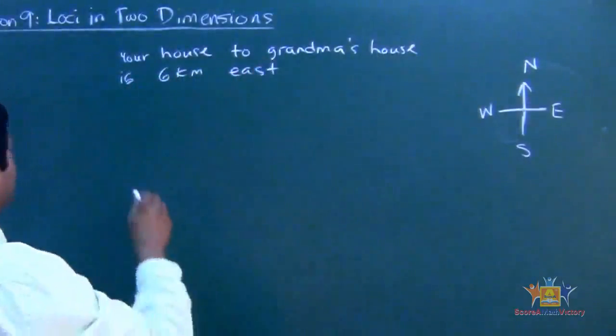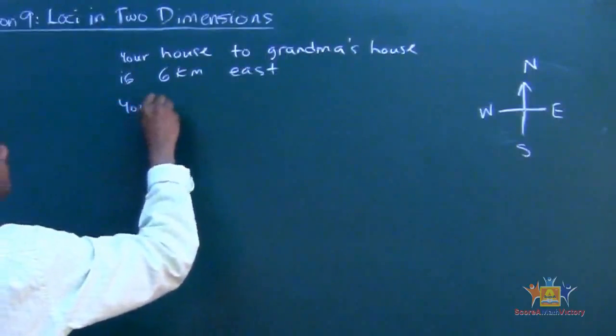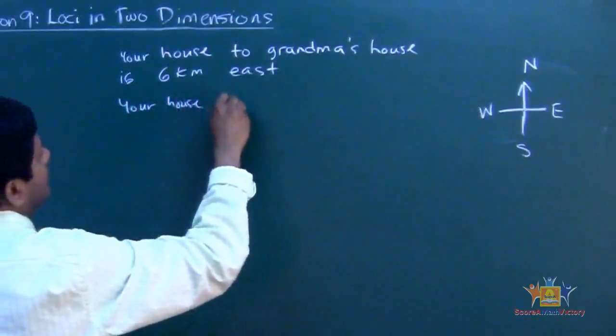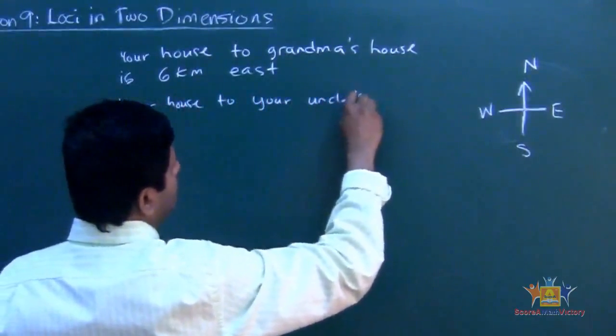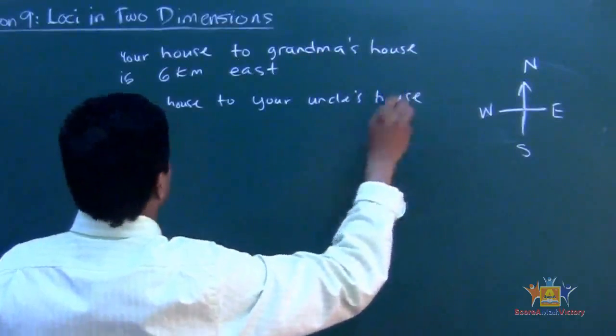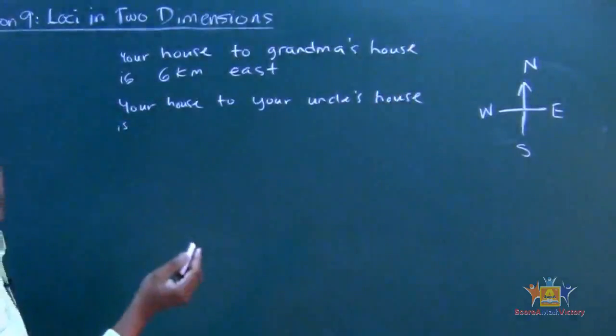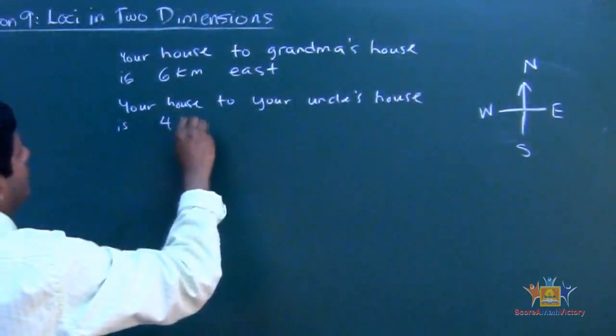And then your house to your uncle's house is what? 4 kilometers north.